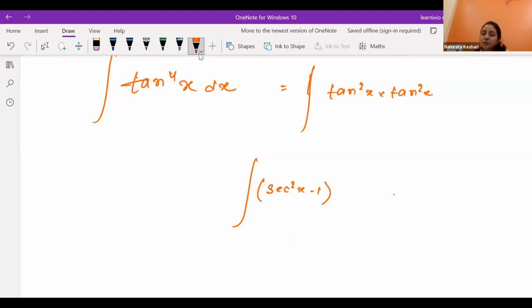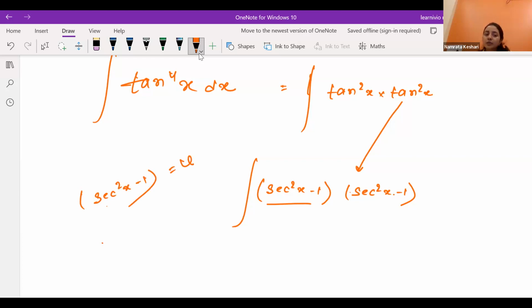Which one do you want to take as a u substitution, Annapurna? Sec square minus 1. Okay, this one you want to take as a u substitution. And the other one, this tan one, do you want to keep as tan or as sec? Sec. Okay, now you want to take this sec square x minus 1 as u.